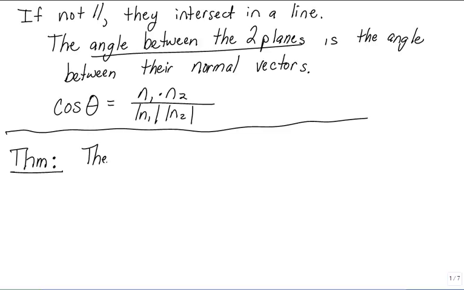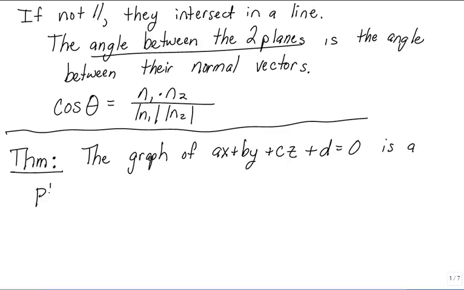The graph of ax plus by plus cz plus d equals 0 is a plane with normal vector a, b, c, which are the coefficients of the x, y, and the z.